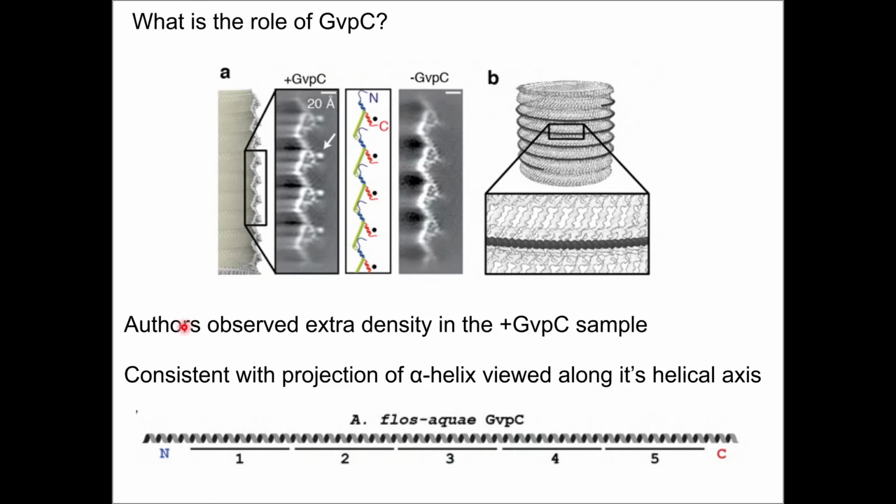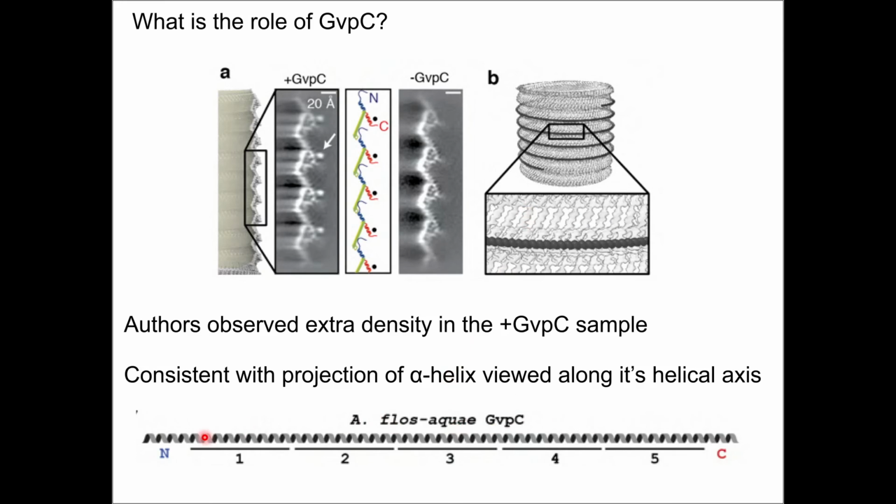This is consistent with the projection of an alpha helix viewed along its helical axis. And that jives pretty well with what people know about this accessory protein, whose structure is just a big helix. And so they assume that what's happening is that this GVPC protein is just like an extra belt that wraps all the way around the whole helix and provides additional support.